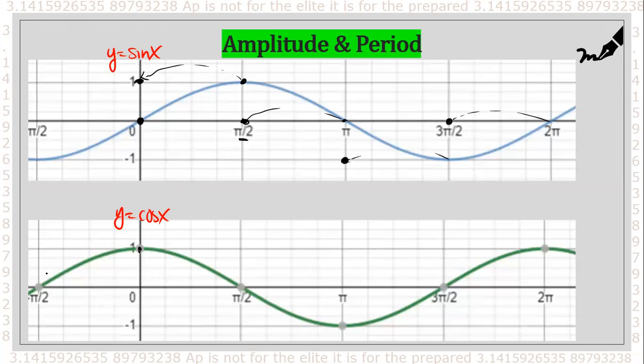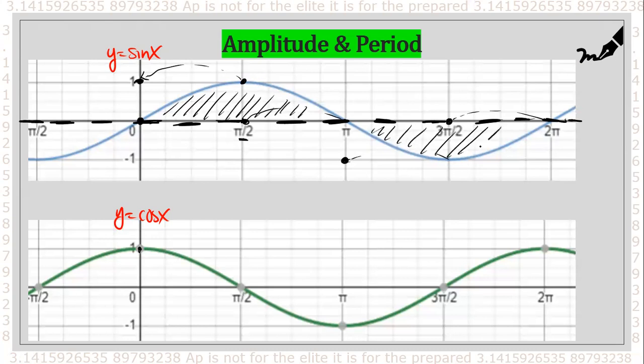So let's go ahead and define what amplitude is. Amplitude, and hopefully you're able to see this with me. If I was to draw a line right here, y equals 0, hopefully you're able to see that I split the graph completely in half, right? This area right here is the same amount of area right here.